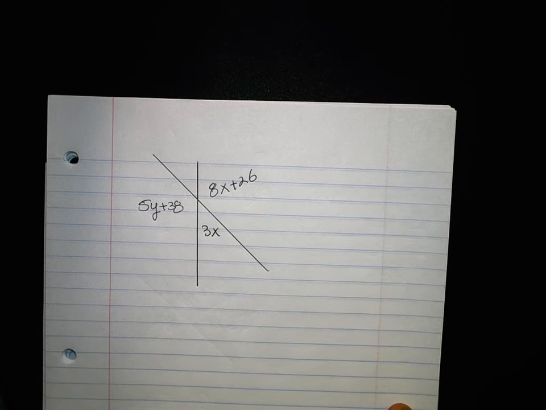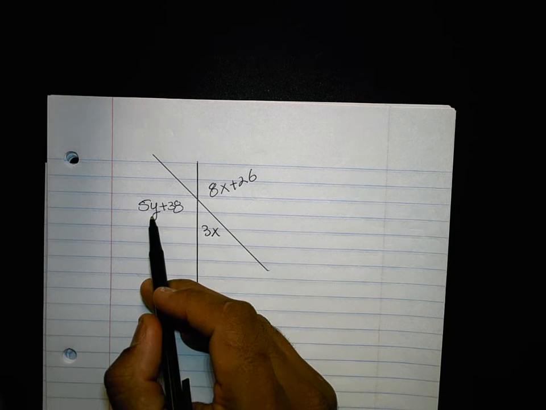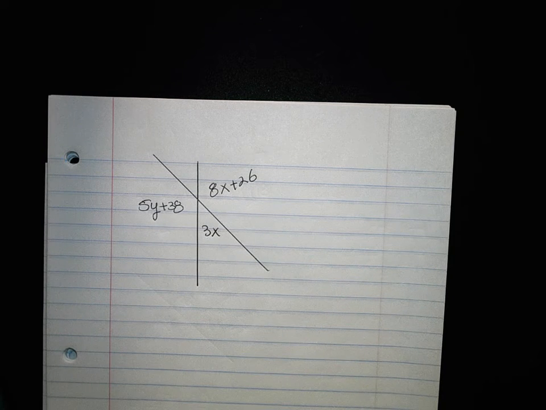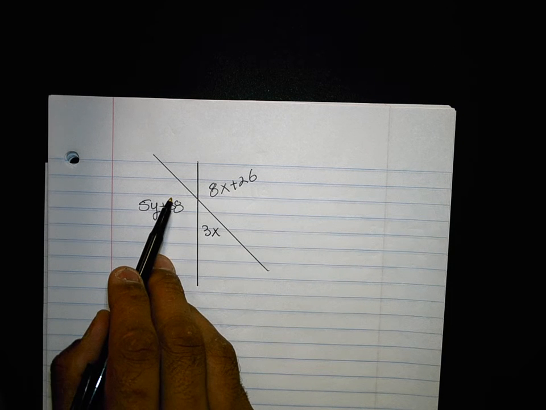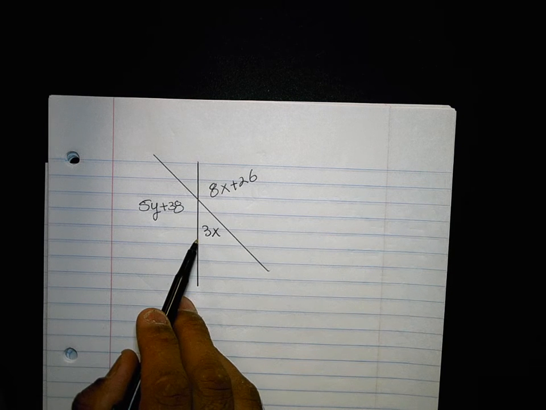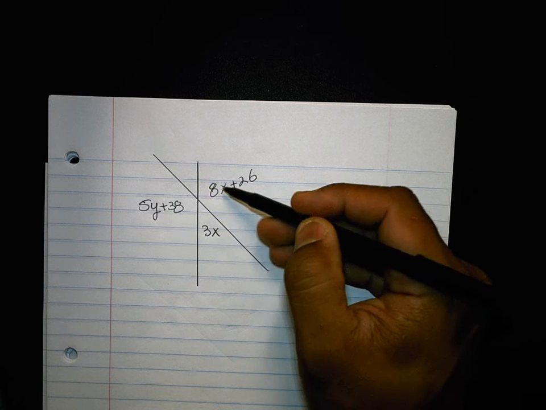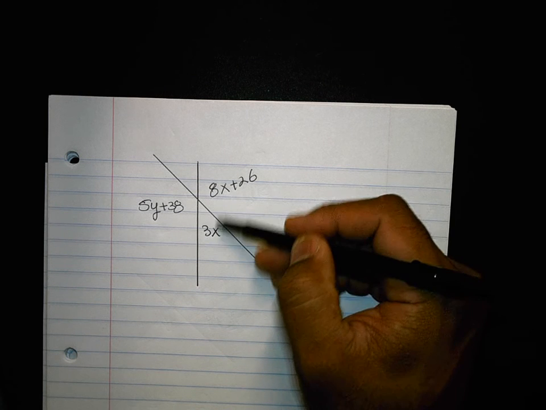Same kind of thing: I've got to figure out what kind of angle pairs I have. These two are vertical, but I have different variables, so I don't want to set those up together. These two right here are supplementary and add up to 180, but they're also different variables, so the best way to go is to use these two right here as a linear pair.